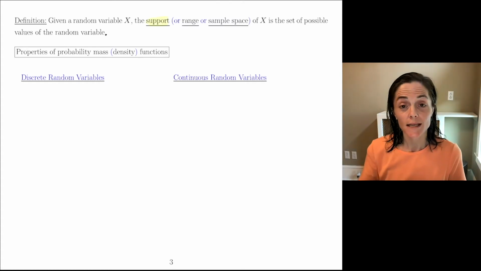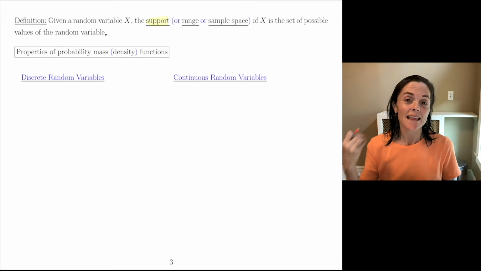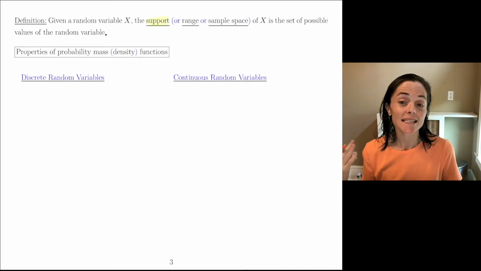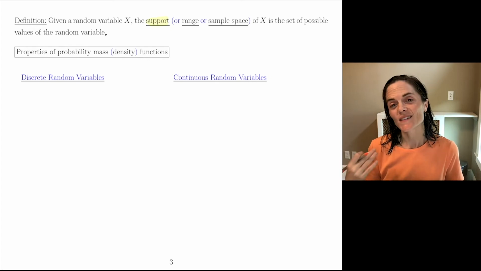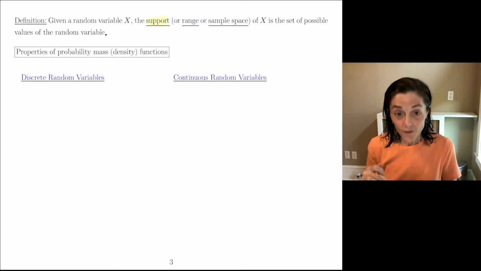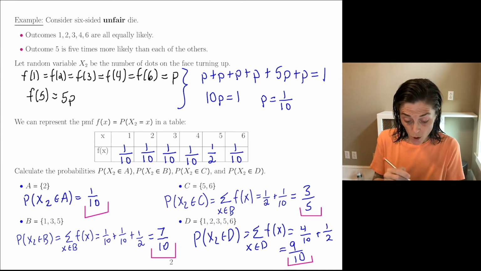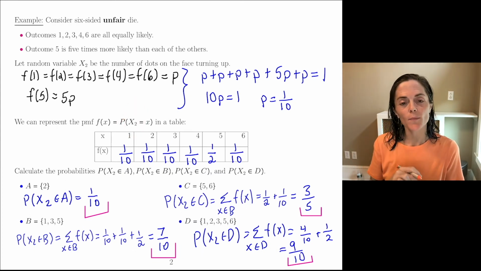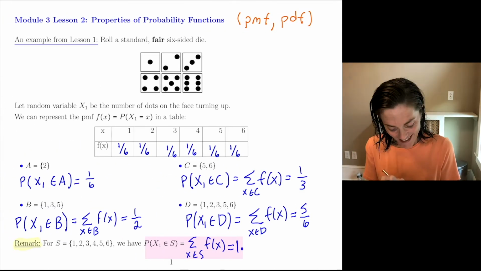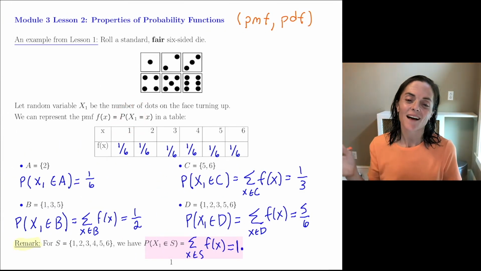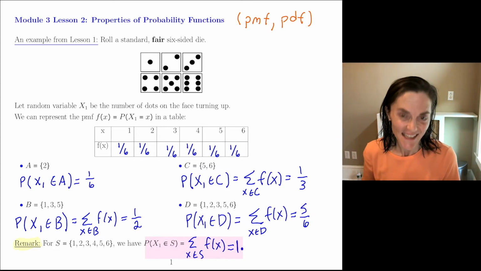You might also see this as the range or the sample space of this random variable x. Well, it's just the set of possible values of the random variable. So for example, in both x2, this random variable with an unfair die, and x1, where we had a fair die, the support is the integers 1 through 6.